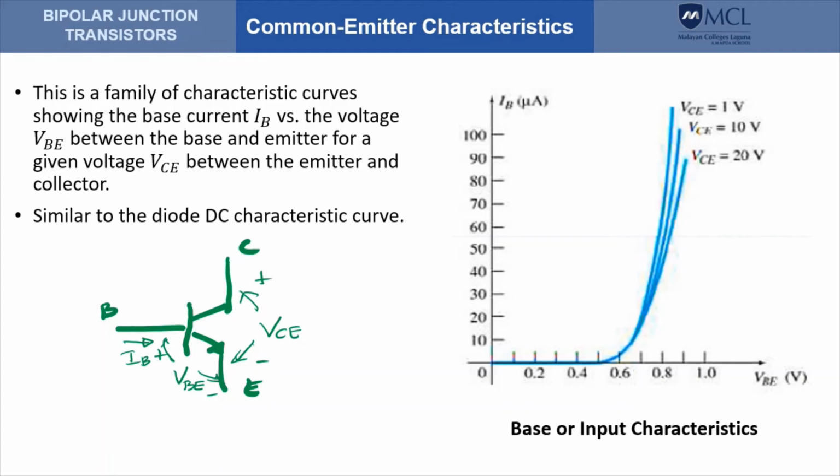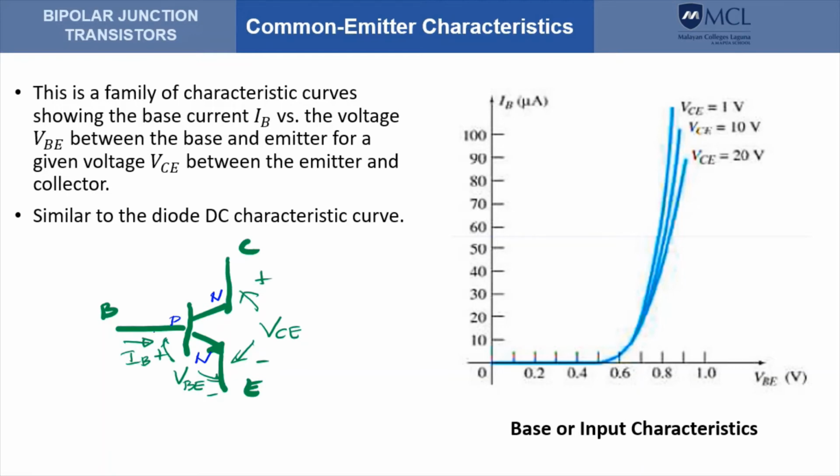As you can see, this is a family of curves, and the plot is actually similar to the plot of a diode, because this one is an N material and this one is a P material, and this is also an N material, so the base and emitter junction is like a diode.